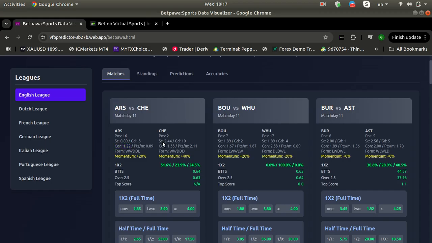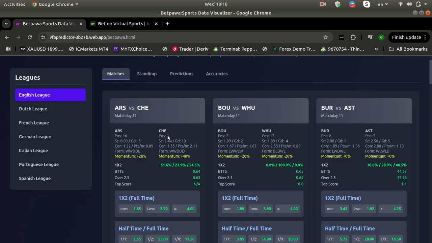So there's a high chance that Chelsea will score at least 1 goal against Arsenal. But there is a low chance that Arsenal will score against Chelsea, even though Chelsea has an average conceded number of goals of 1.33. We can see that Arsenal has a very low scoring point of 0.89. You get?